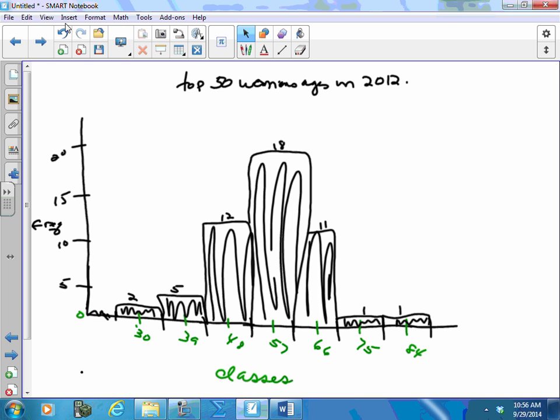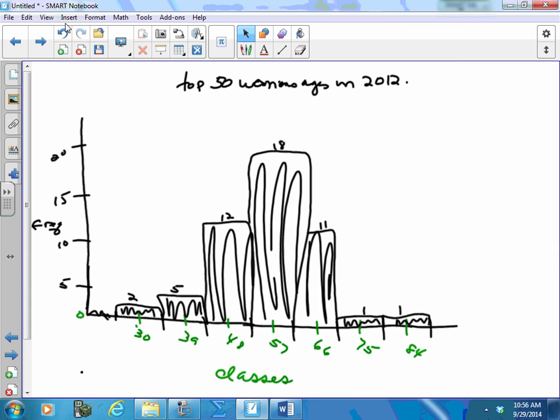Your frequency polygon, if you follow along on page 45, on the data that they used for their histogram, this is their frequency polygon. And if you take a look at it, they use their midpoints mostly. See their midpoints there? And they have a line graph.